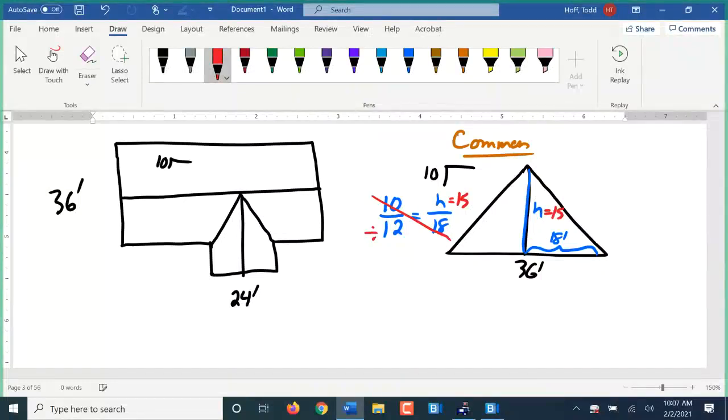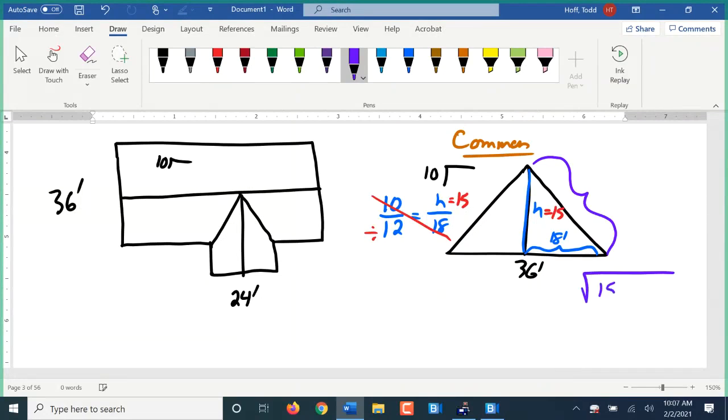That height is 15 feet high. Now, we've got to find the length of that common rafter here. Obviously, as you can tell, I'm skipping some steps here. I'm doing the height of the common and the length of the common all together.